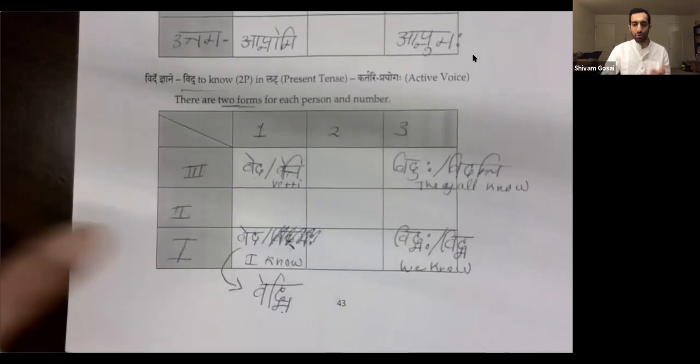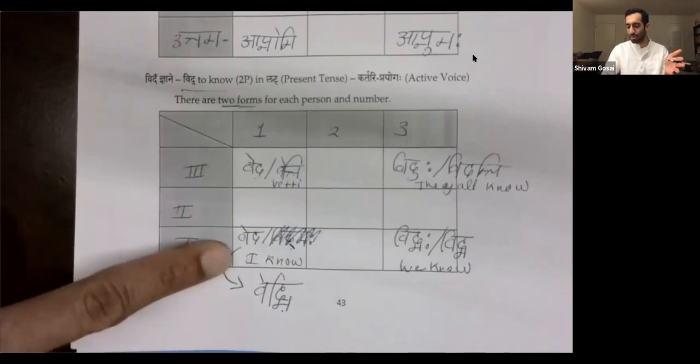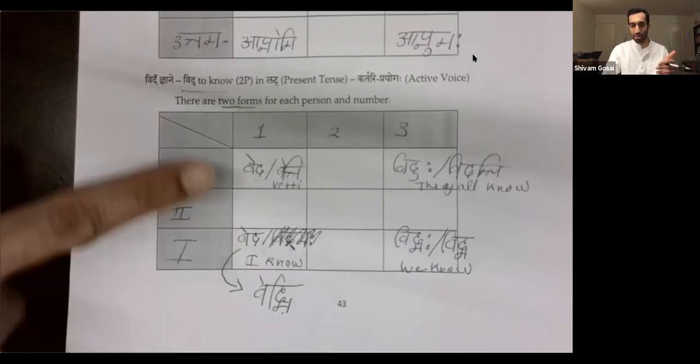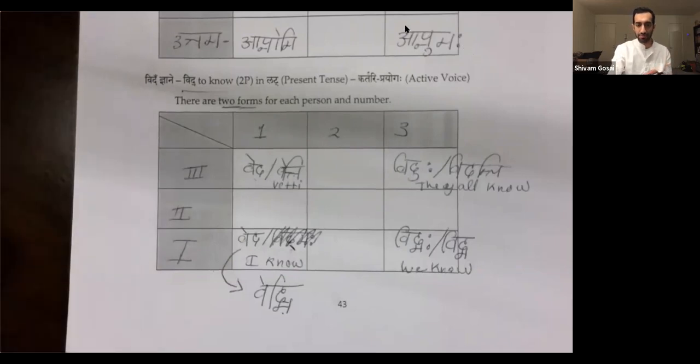So how do you know which one it is when you're seeing a sentence? You have to look at the subject of the verb. Is the subject singular or plural? Depending on the subject, you'll get a different meaning for these two. So you have to look at the context. But yes, they are the same.